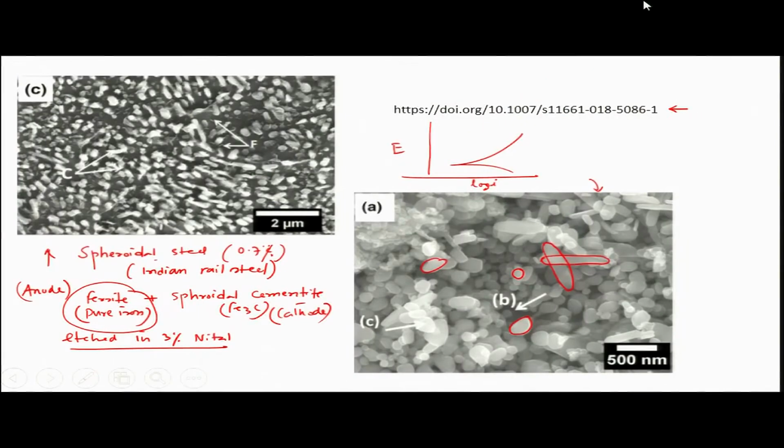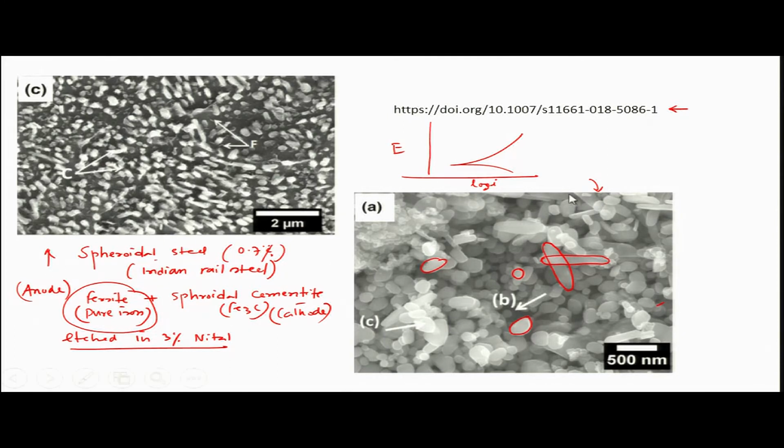Similarly, another example we saw in case of spheroidal steel, where initially it was pearlitic steel and then it was converted into spheroids by heat treatment, which is called spheroidizing heat treatment, and then we could see that preferential dissolution of iron or ferrite leaves behind freestanding spheroids of cementite. So, these are the examples. Please go back and look at lecture 17 to understand these two pictures.